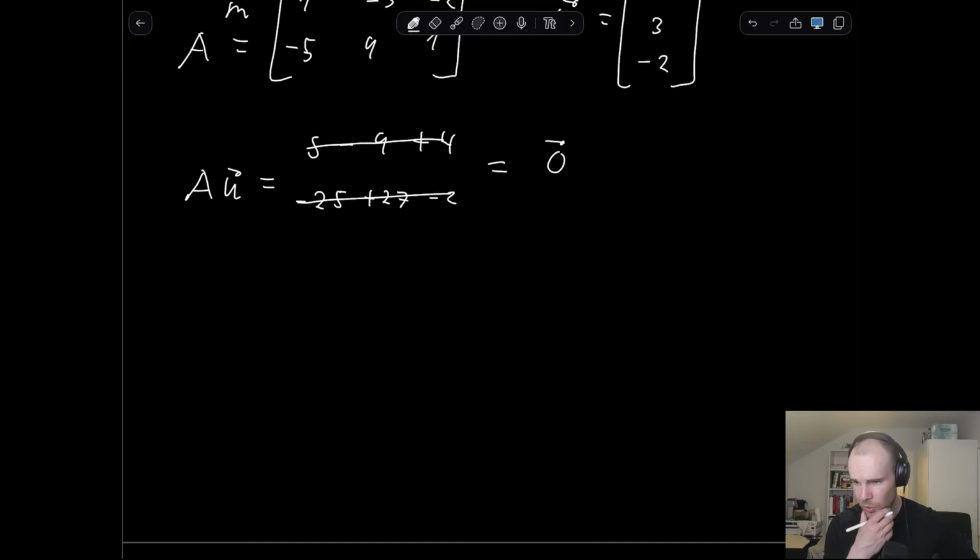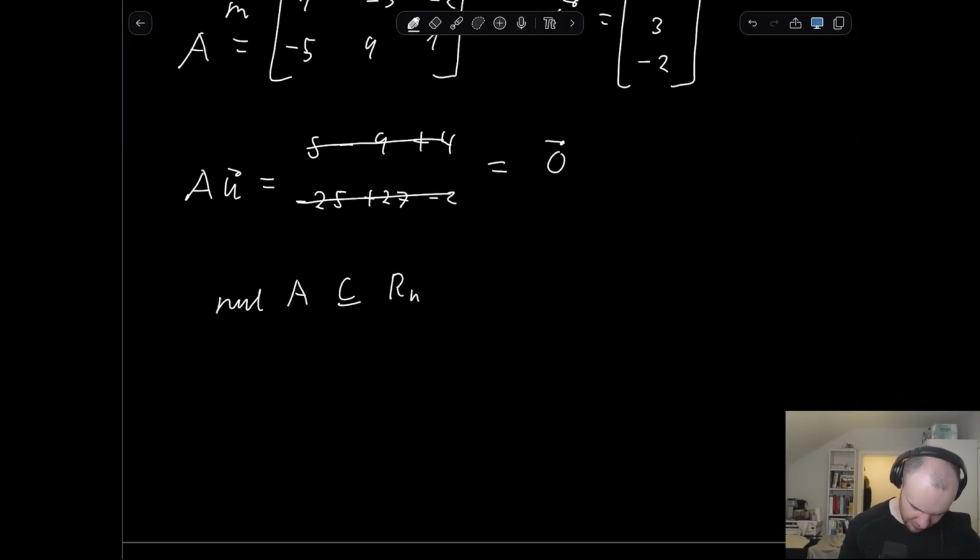So to do the proof, we first recognize, like I said, that Null A is a subset of R^n in our case. I need R^n to be correct.